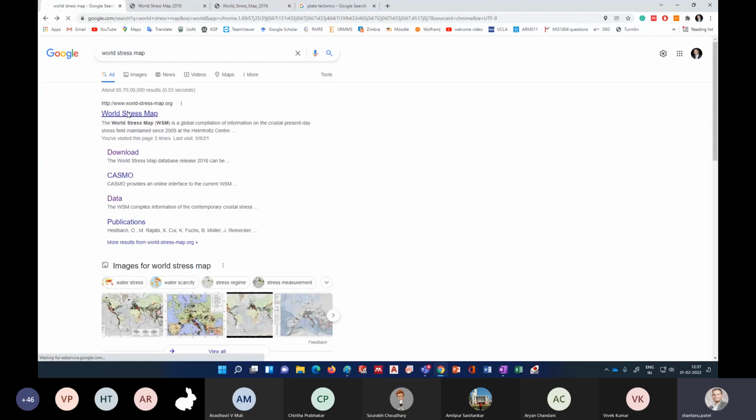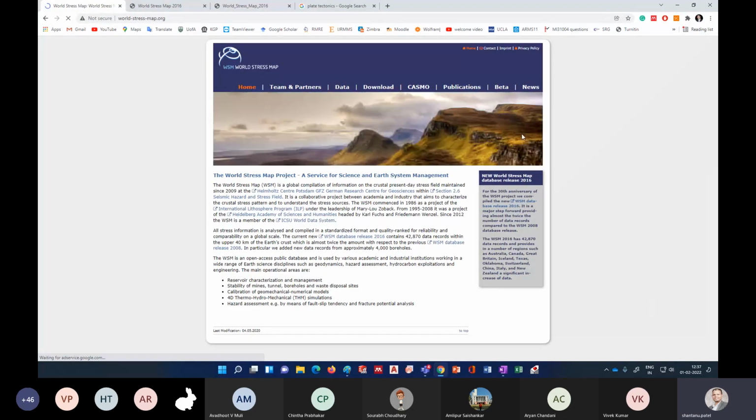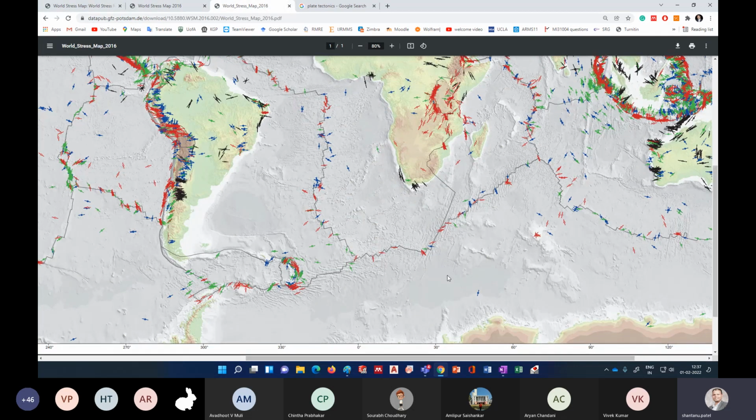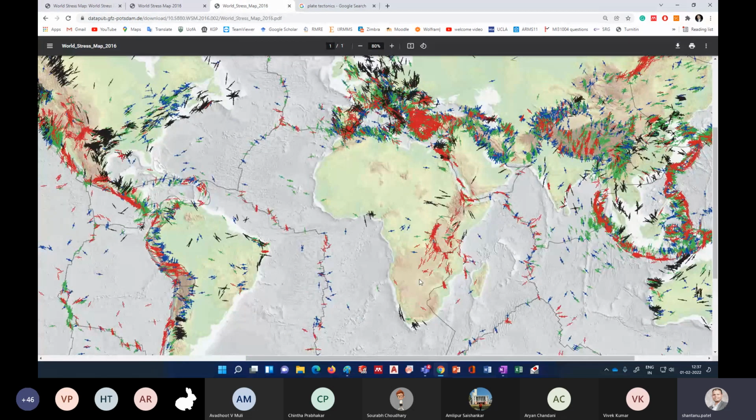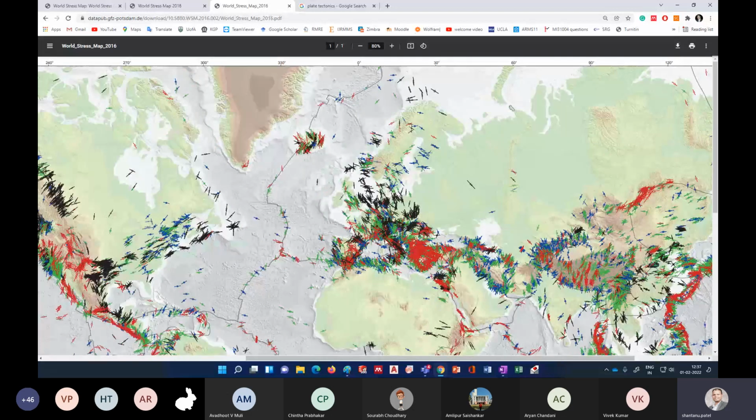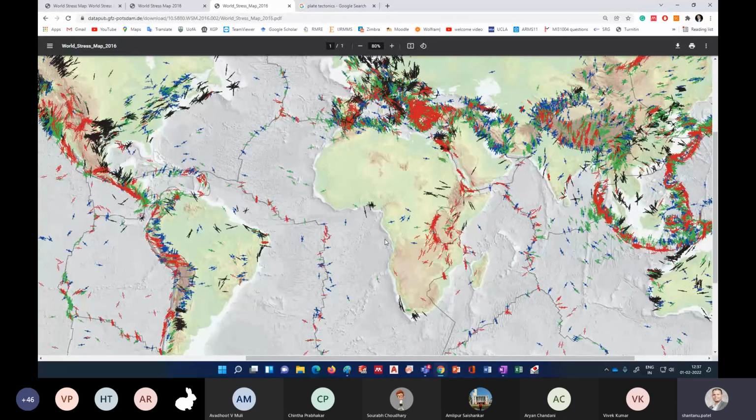A group of people, I think from Germany, have compiled all the data and put it in a figure. In this world map, they have shown where the locations with high values of in situ stress are.